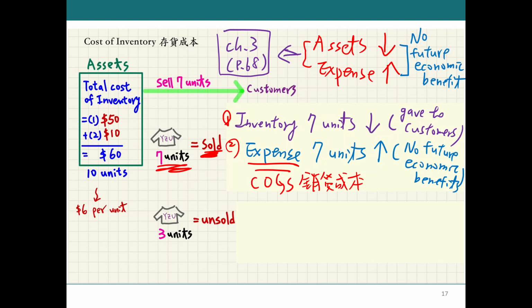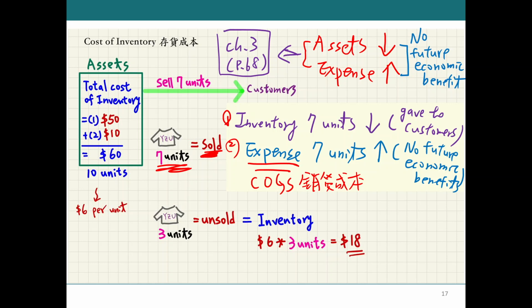This kind of expense related to inventory, we give another name. We call it cost of goods sold. So it's the part of inventory we sold. Others are still in your company, and that's inventory. So I still have 3 t-shirts in my company. I'm going to sell them to customers in the future.